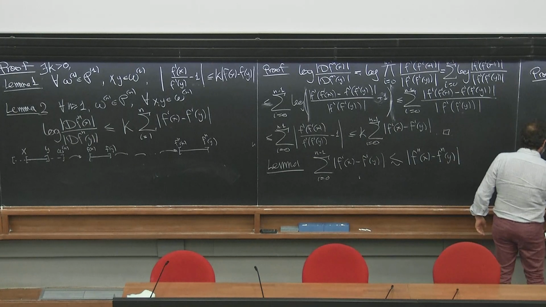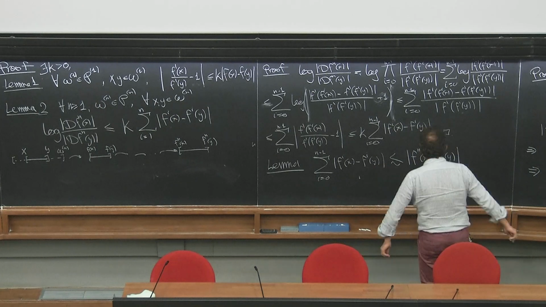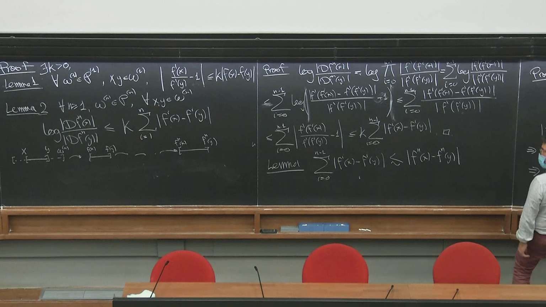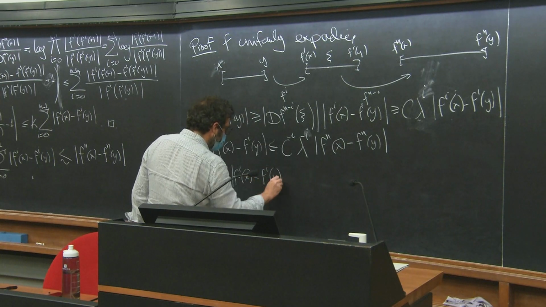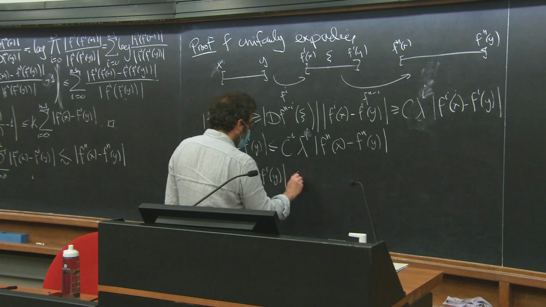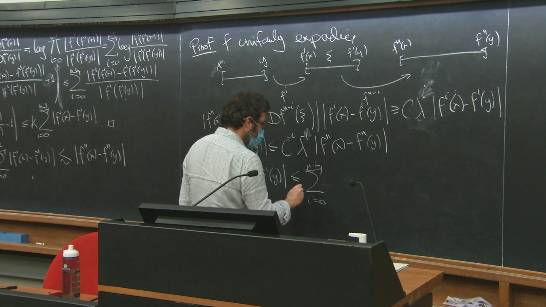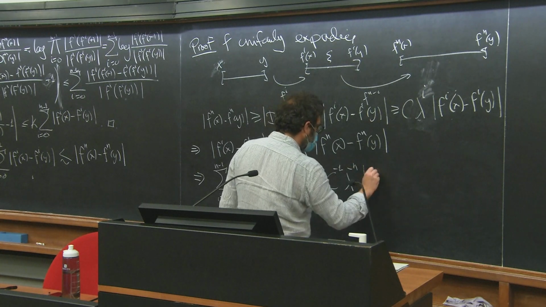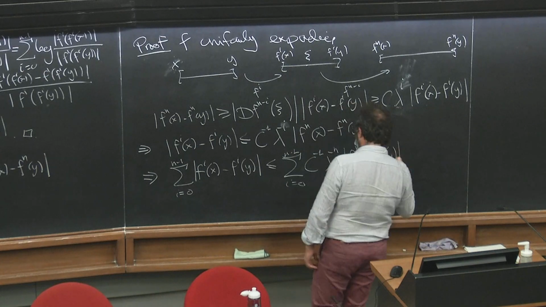This implies that the sum over i equals 0 to n minus 1 of phi_i of x minus phi_i of y is less than or equal to the sum over i equals 0 to n minus 1 of c to the minus 1 lambda to the minus (n minus i) times f^n of x minus f^n of y, right?